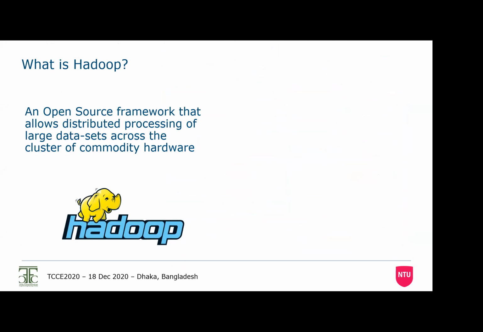Now let's try to see what is Hadoop. Hadoop is an open source framework that allows distributed processing of large data sets across clusters of commodity hardware. Here the main point is the commodity hardware. Commodity hardware is something like the everyday computers that we use. As we have seen at the beginning, we can analyze large amounts of data using very big hardware or very big supercomputers.